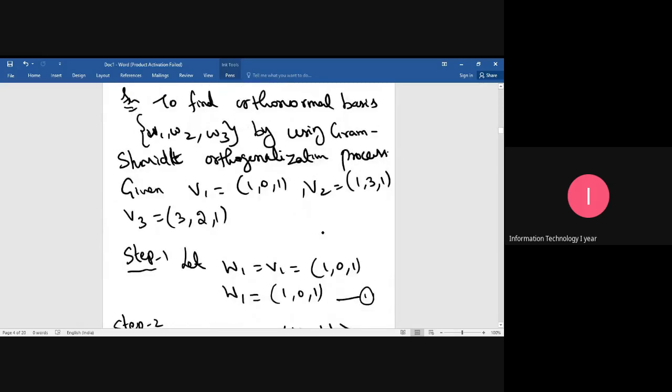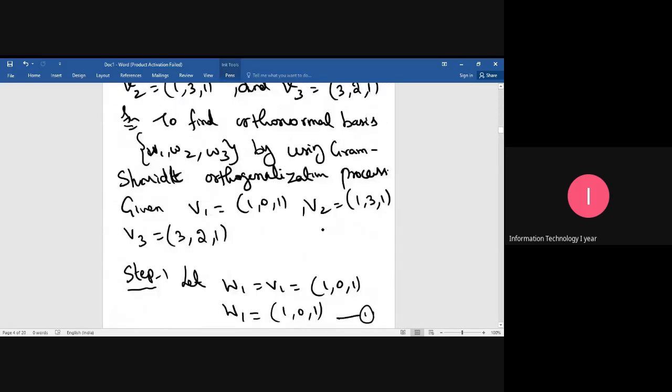The orthonormal basis W1, W2, W3 I have written now is actually W1 by norm W1, W2 by norm W2, W3 by norm W3. Like that you can take it. Okay, so see the question.